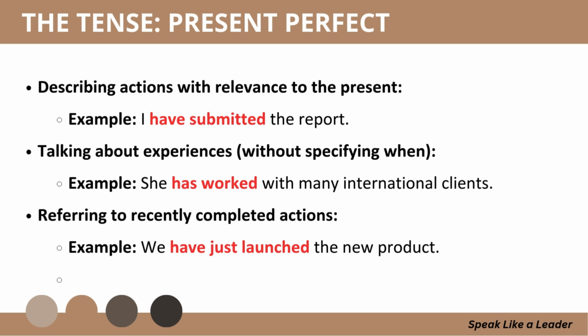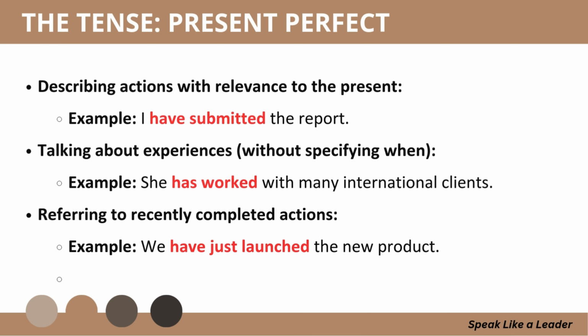Now, if you wanted to use the past simple in this sentence, you would say, she worked with many international clients 3 years ago. So you have to specify that it was completed in the past if you're going to use the simple past. And referring to recently completed actions like, we have just launched the new product.